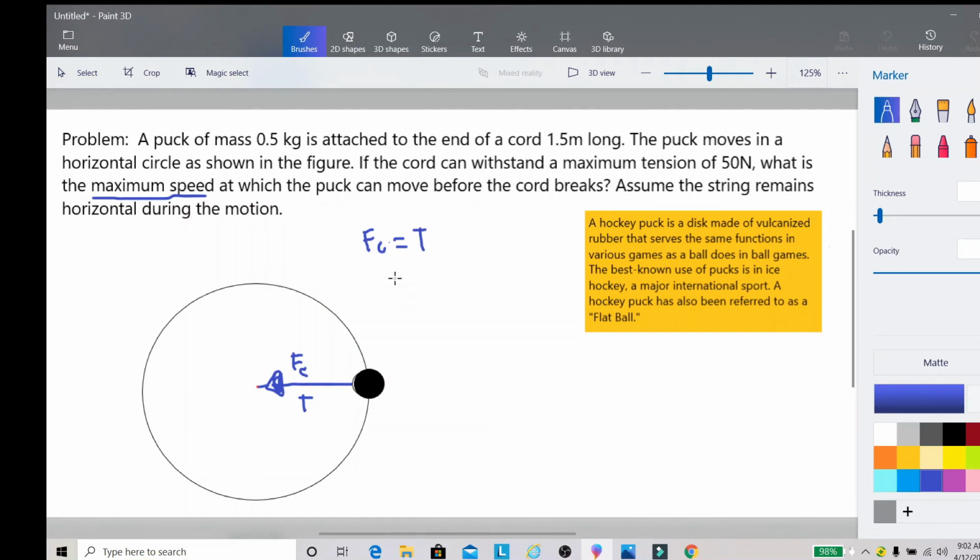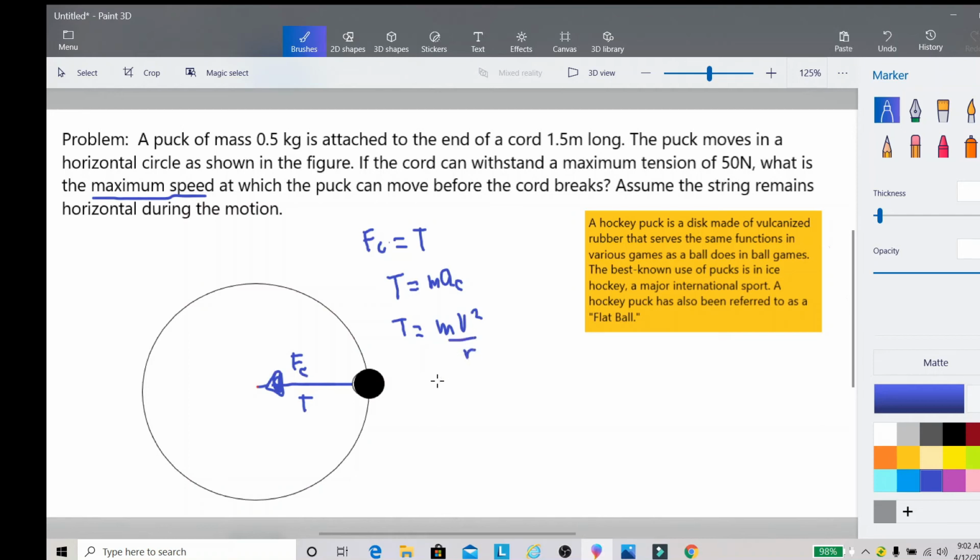But what is Fc? Fc is equal to m a_c. So Fc is equal to T, T is equal to m a_c, but what is a_c? T is equal to m v squared over r.